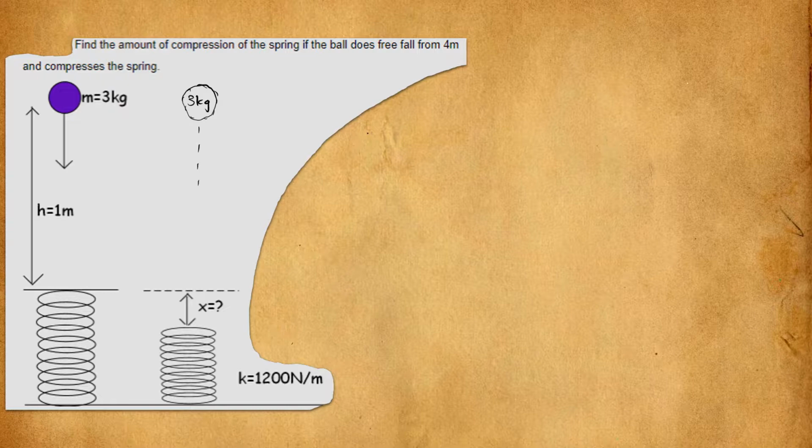So this ball comes down from 4 meter height, and then it lands here and compresses the spring by this much height, which is x. So we're trying to find what is the value of x, by how much is the spring compressed.